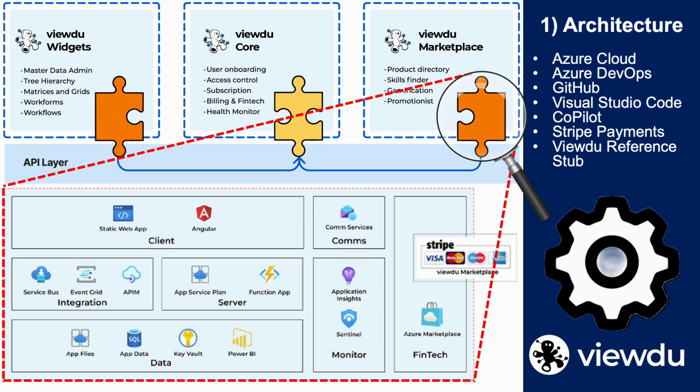It provides a consistent stack using the Viewdu reference architecture stub and infrastructure as code templates. The benefits of this are reduced complexity, a secure by design solution, product stability and consistency, and maximum and affordable scalability.